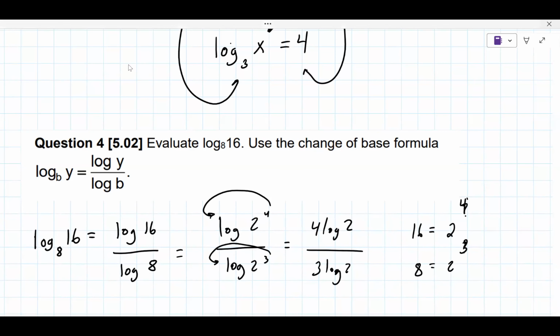And then because the logs are the same top and bottom, you can cancel, and that becomes 4 over 3. Right, so the answer is 4/3. That would be on your sheet there.